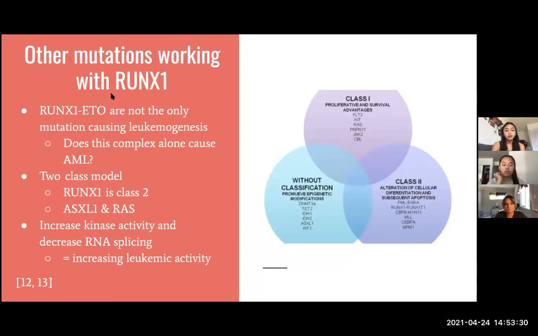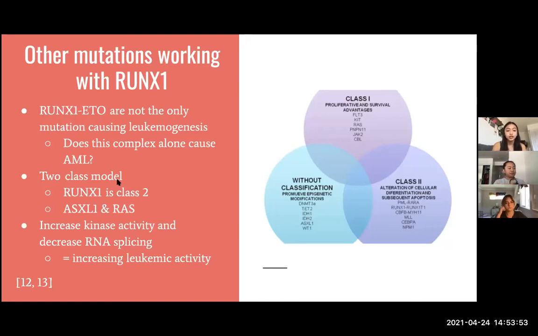Aside from RUNX1-ETO leading to the onset of leukemia, this is not the only mutation that occurs. There are actually many mutations that co-occur with the RUNX1 mutation, and the RUNX1 mutation only increases the chances of AML, but it does not cause AML.